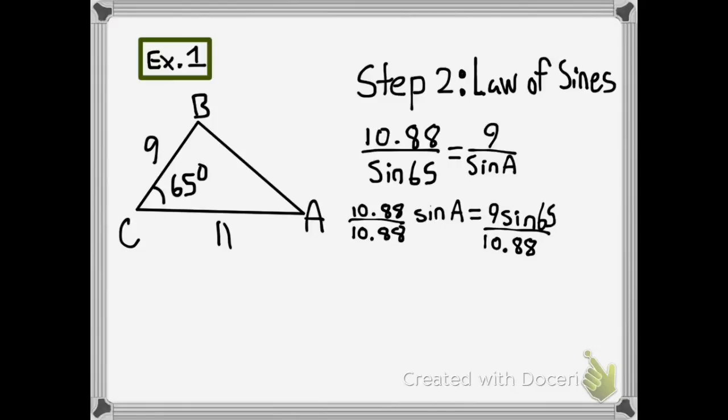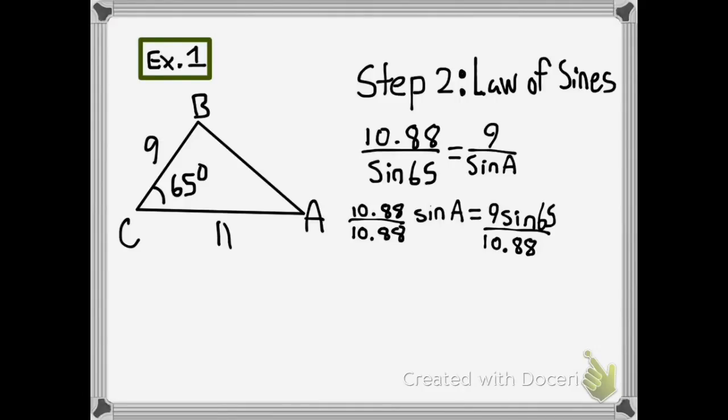How we reach 10.88 under both 9 sine 65 and 10.88 is because we multiplied sine A on both sides, and by doing that, it cancels out the sine A on the right and brings the sine A towards the left when multiplying against 10.88. We then leave off with 10.88 sine A, which will equal 9 sine 65.